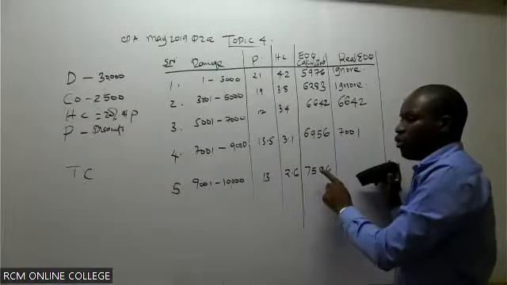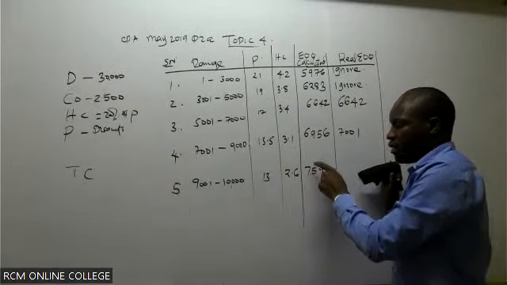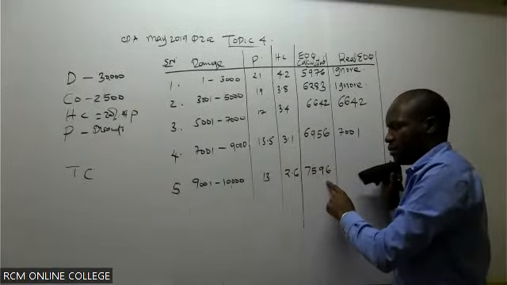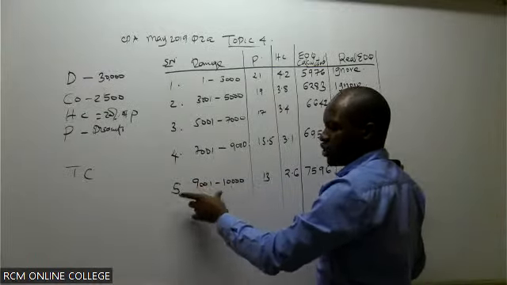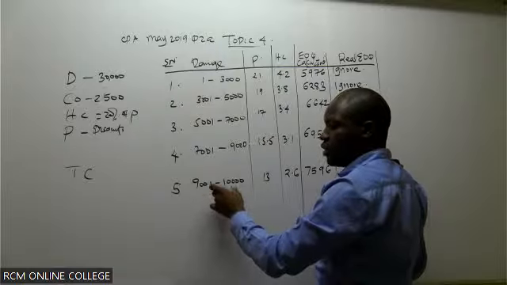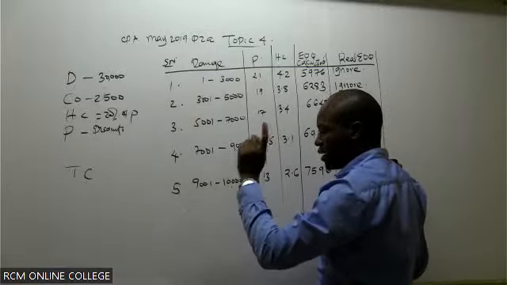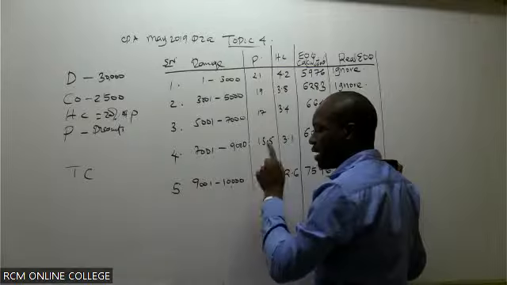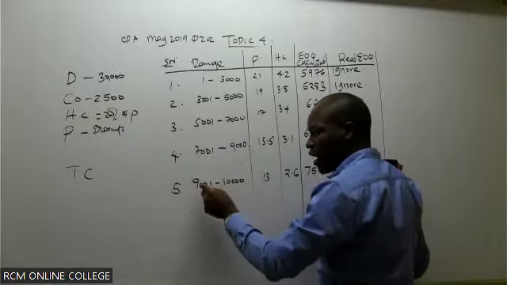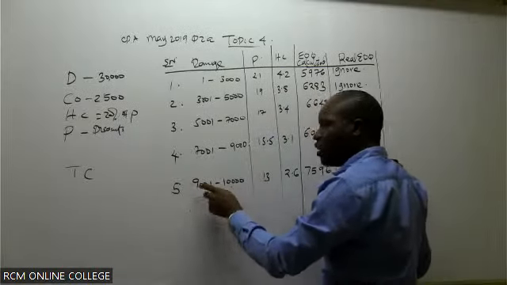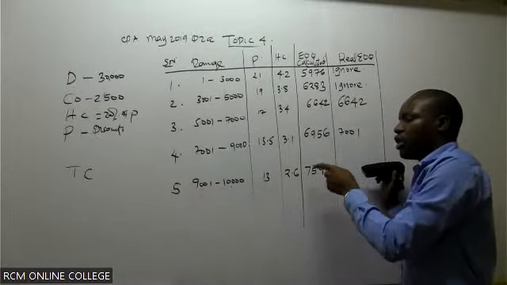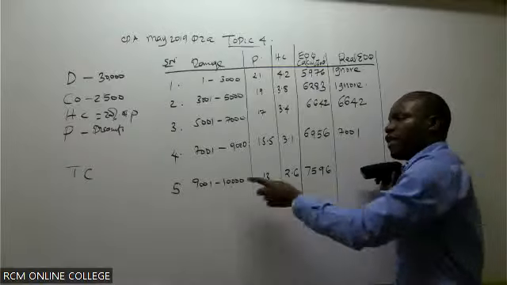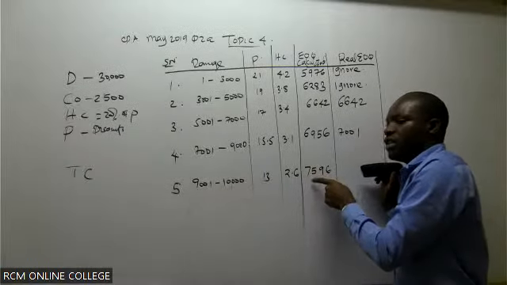My calculated economic order quantity is 7,596. It is below this 9,001, below this range. But for me to be able to purchase these goods at 13 shillings, I must order at least 9,001. And because 9,001 is above my calculated economic order quantity, if I order this, I've not violated the rule.